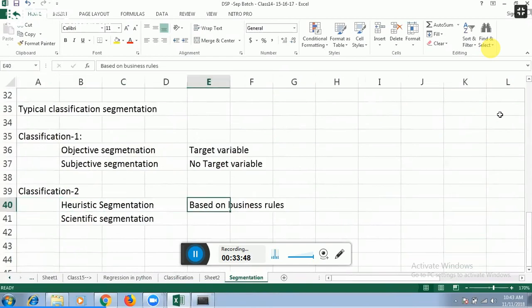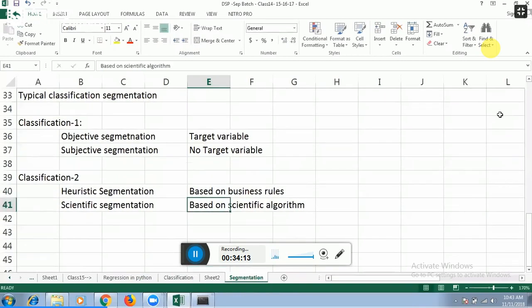This is a pure business-driven approach. And scientific segmentation is based on a scientific algorithm. There is some statistical algorithm you will use to divide the data into groups. Does this make sense? So this is another classification you might see.